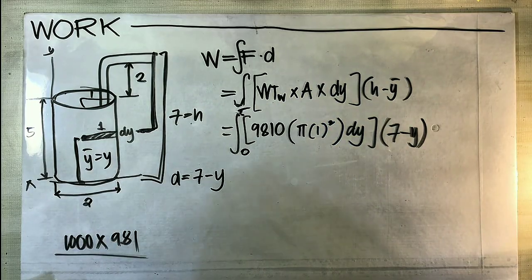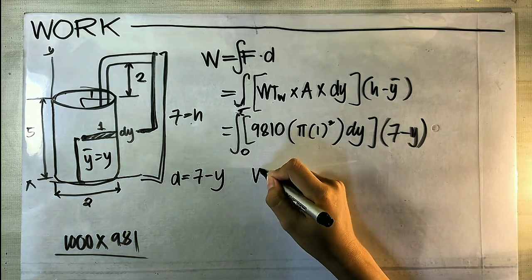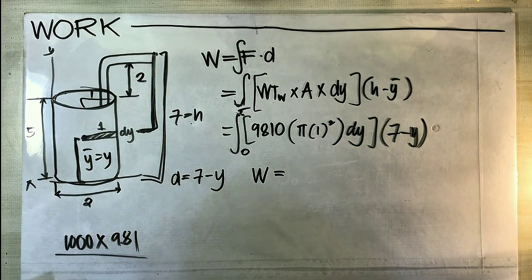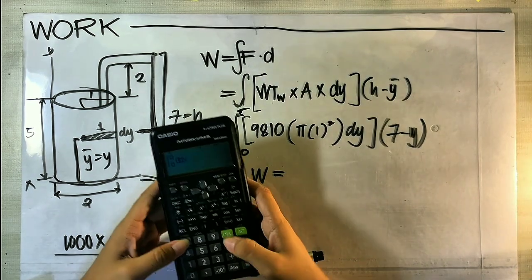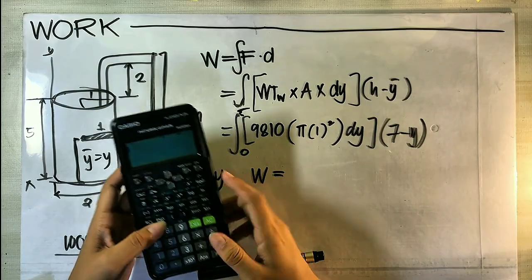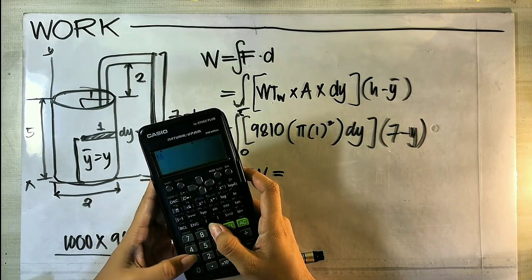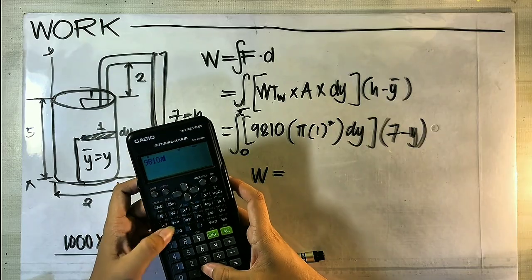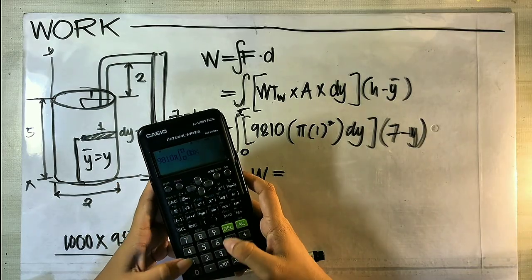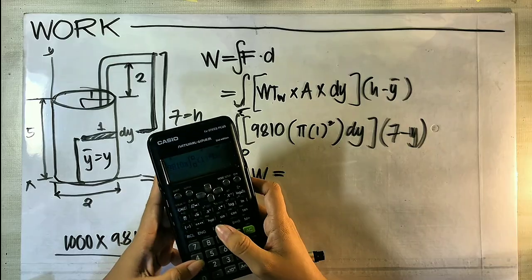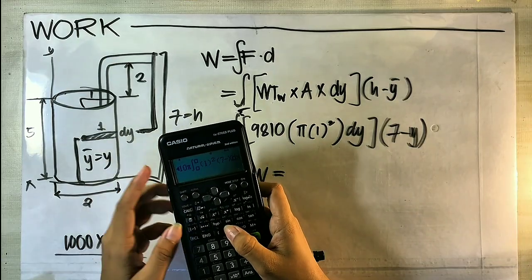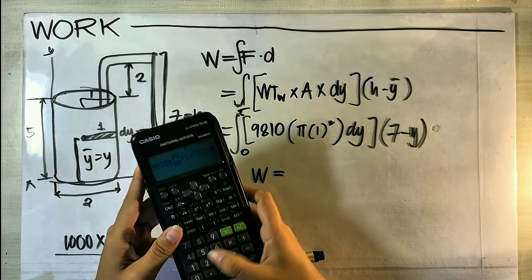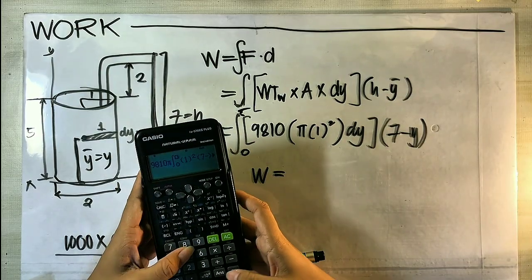So now let's use our calculator to get the work here. So 9,810, oh, let's put it outside because it's constant. So 9,810 pi times the integral of 1 squared times (7 minus y), or let's make it x, dx, from 0 to 5.